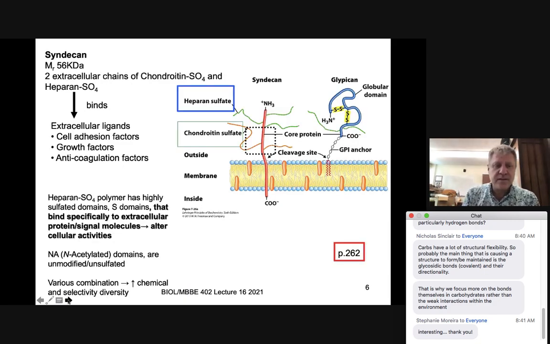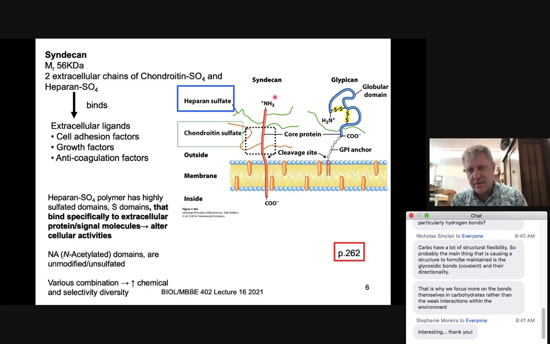So let's give an example of syndecan, which has a large molecular mass, and it has these very extended chains of chondroitin and heparin sulfate together. So here we have our protein anchor coming through the N and C terminus.